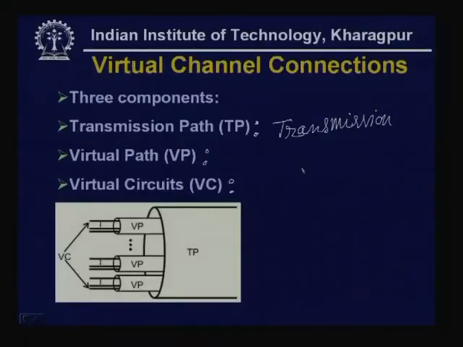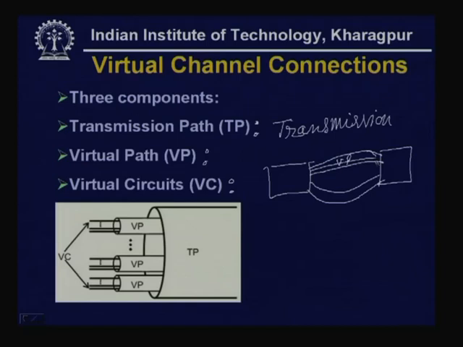So, here you have one city, and here you have another city, and there can be several highways linking them. This link is the transmission path, and within each transmission path you have several virtual paths, VPs.